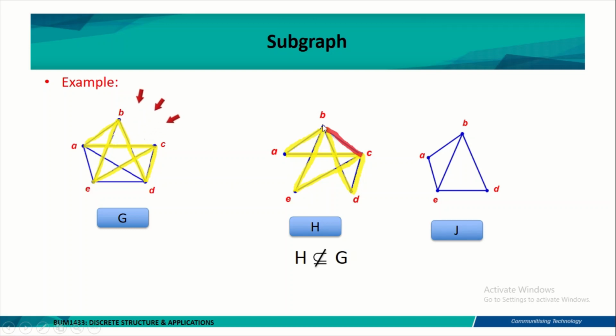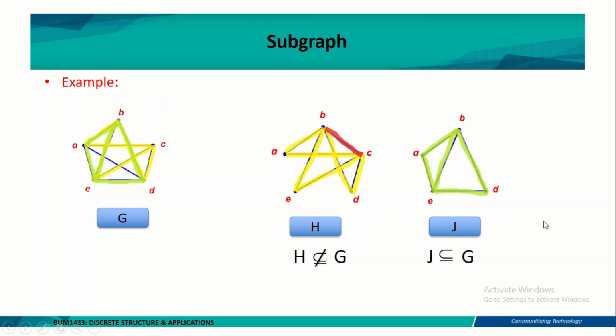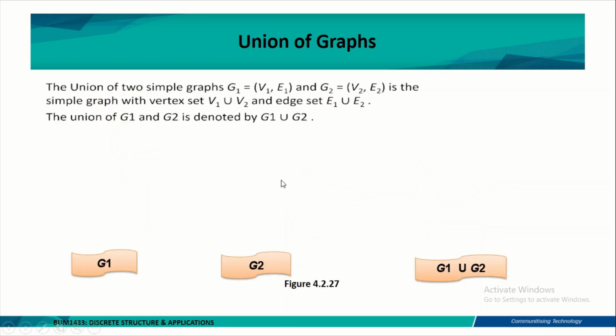If H has the same vertices and the same edges as G, then it is said that H is a subgraph of G. But we can see that in the graph H we have an edge connecting B to C, and in the graph G there is no edge connecting B to C, so H cannot be a subgraph of G. Okay, let's see the graph J. We can see that it has the same edges and the same vertices as the graph G. So J is a subgraph of the graph G.